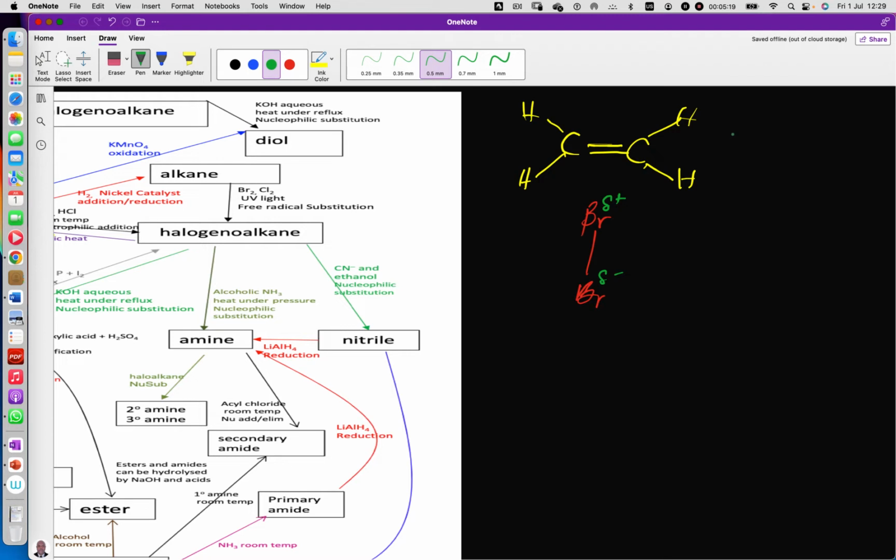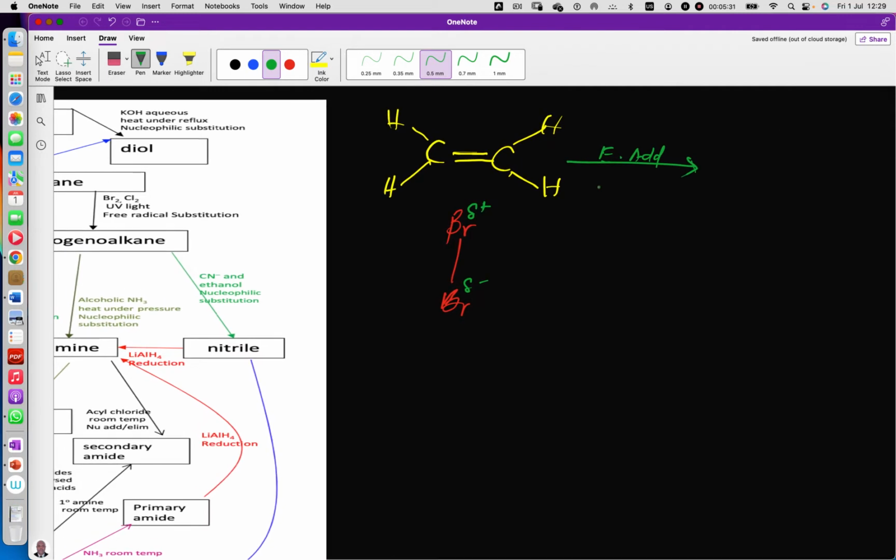So this is by electrophilic addition, and the product will be no more an alkene, it is now an alkane. So there will be bromine here and also bromine here, hydrogen, hydrogen, hydrogen, hydrogen.